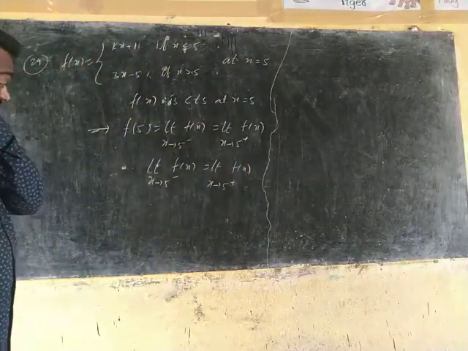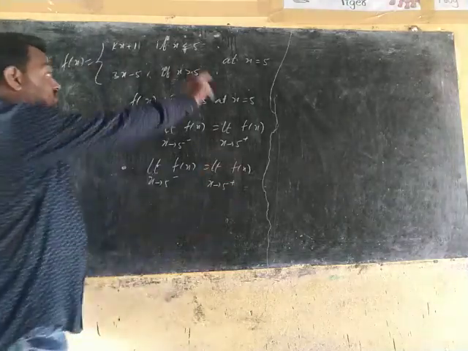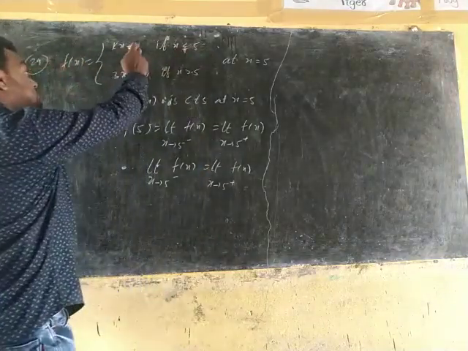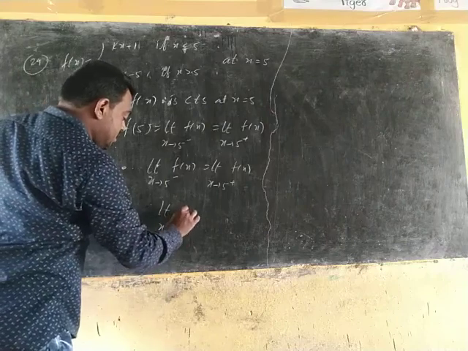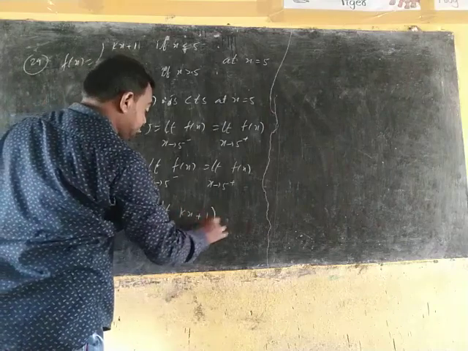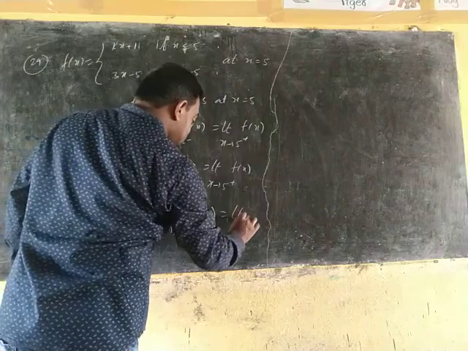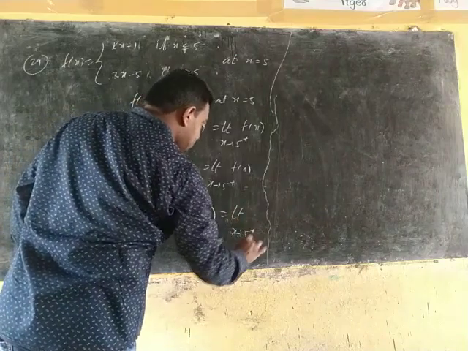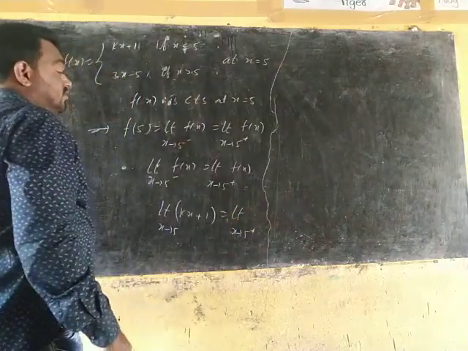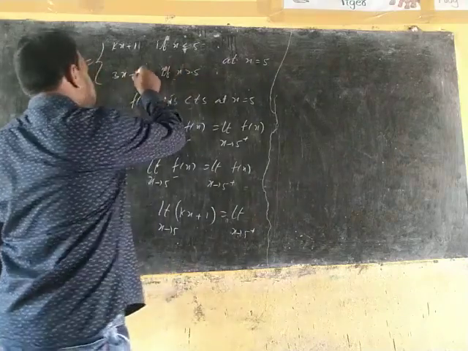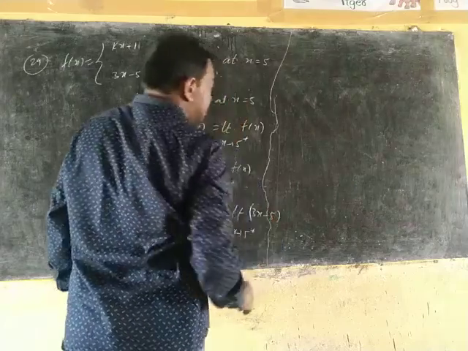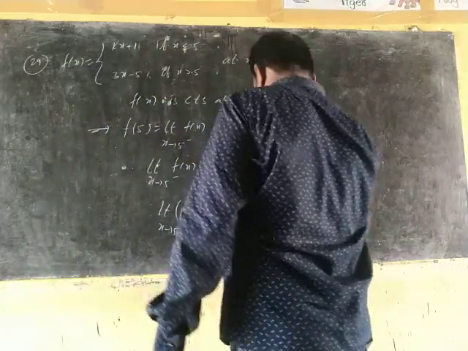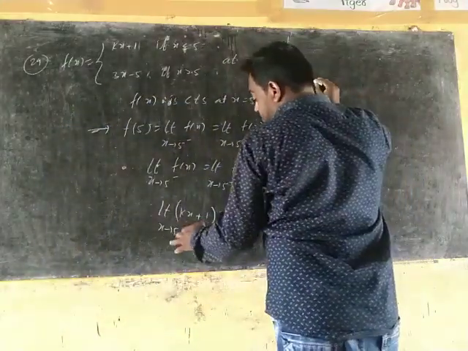Limit x tends to 5 minus means x is less than 5, f of x is kx plus 1, equals limit x tends to 5 plus, x greater than 5, f of x is 3x minus 5. Now you substitute x equals 5 here.